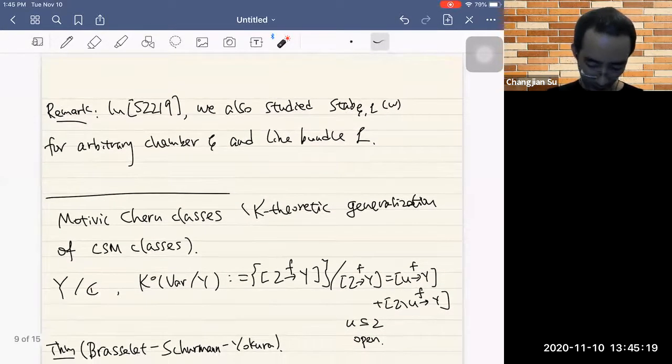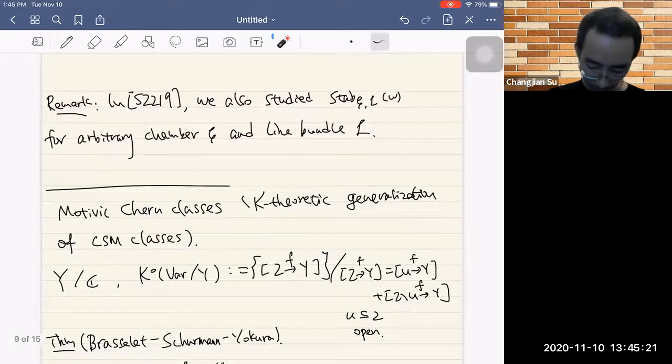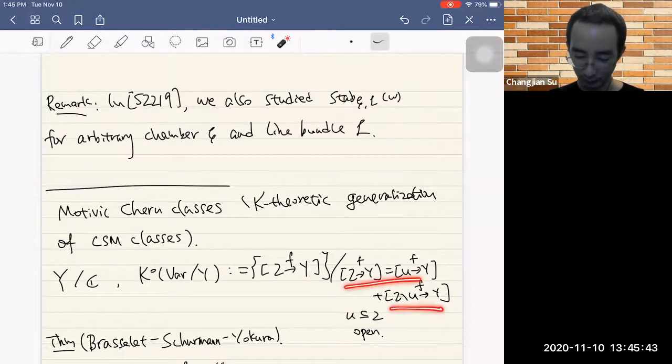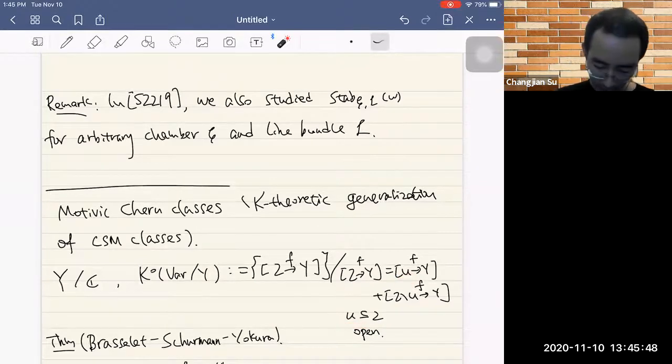The first functor is the functor of the Grothendieck group of varieties over some variety. Y is an algebraic variety over the complex numbers. Then we can form the relative Grothendieck group of varieties over Y. By definition, this is the isomorphism classes of varieties Z mapping to Y, and we mod out by the relation where U is some open subvariety inside Z.